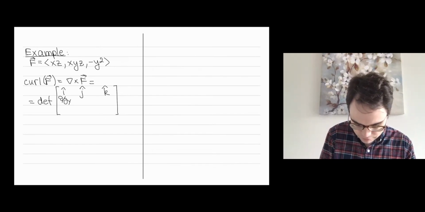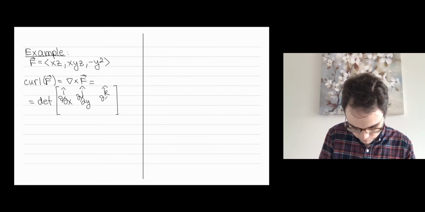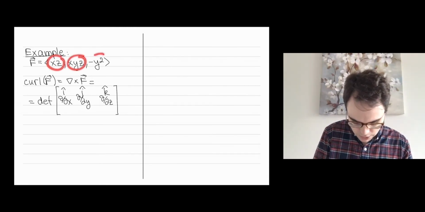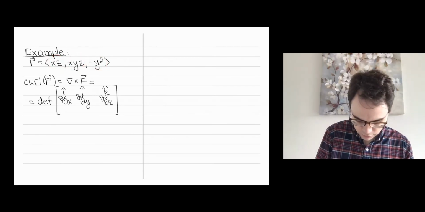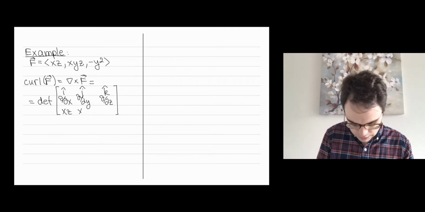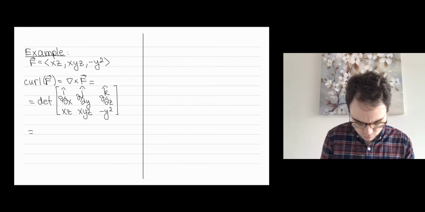So here are the components of the gradient. And finally, you just put in the components of the vector field on the last row. So that's xz, xyz, and minus y squared.